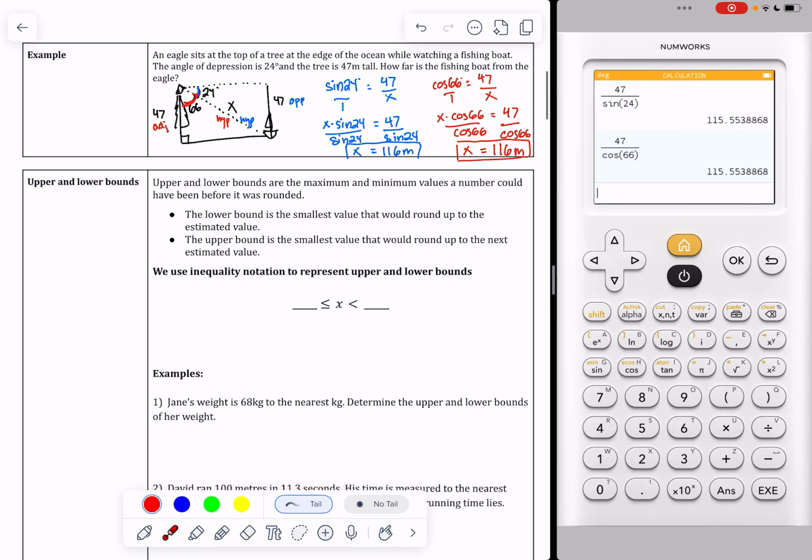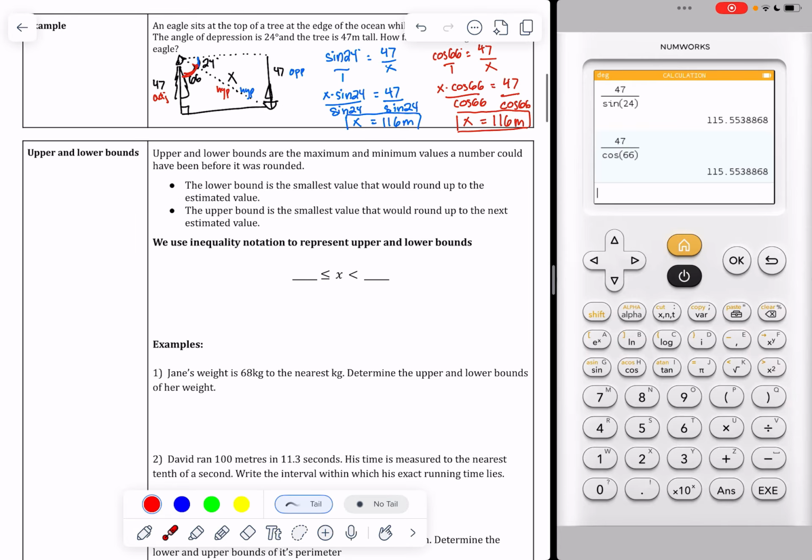For example, we rounded just now 115.55 on to 116. But if we're just looking at the value 116, it could have been anything as low as 115.5, all the way up to anything before 116.5. Anything below 116.5 still would have rounded to the same value.